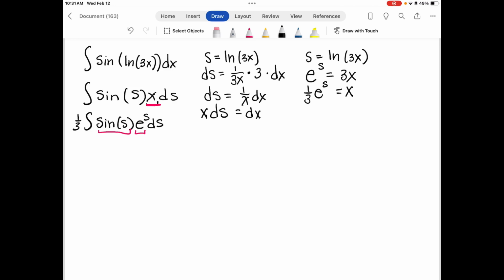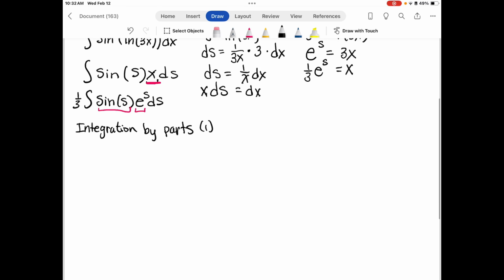So this is going to be integration by parts, part 1. I'm going to let u be equal to e to the s. So du is going to be e to the s ds.